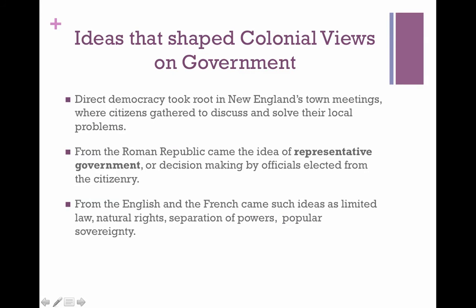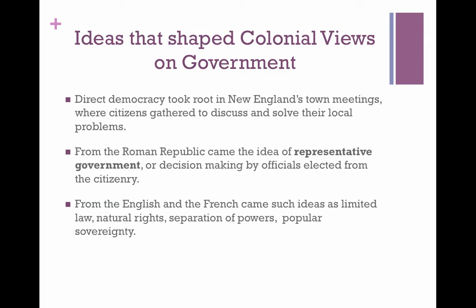Okay, so we have different ideas that shaped colonial views on government, and when we talk about colonial views, we're talking about the 13 original colonies and how they set up and established things. They took the concept of direct democracy from the British. During New England's time, they would have town meetings where the citizens would gather to discuss and solve their problems.